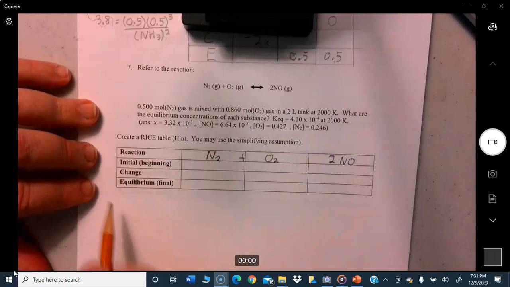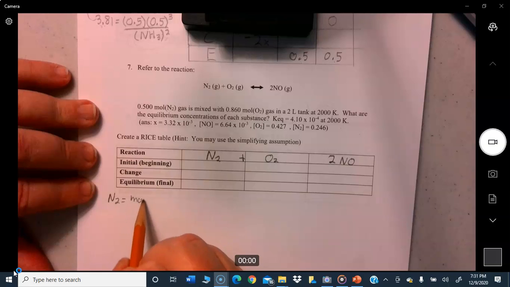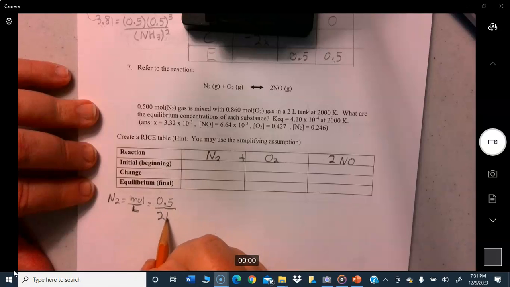All right, so we need to do a little math to figure out the molarity. So for N2, it's moles per liter. That's molarity. That's what concentration means. So that's going to be 0.5 over 2 liters, and that's going to equal 0.25 molar.